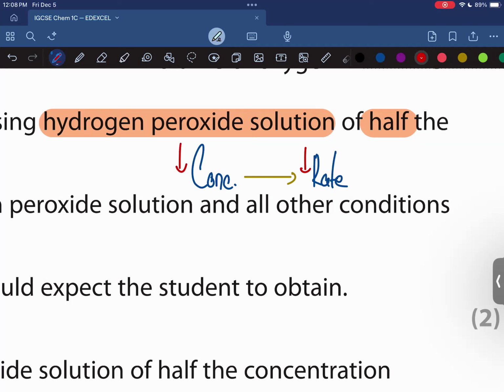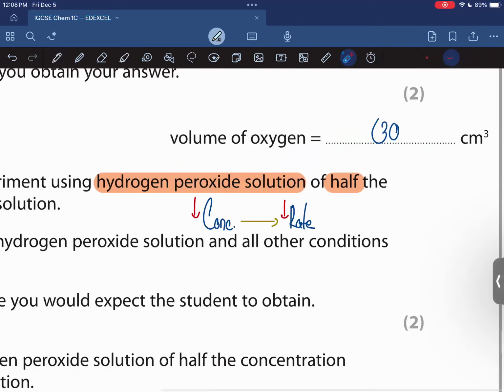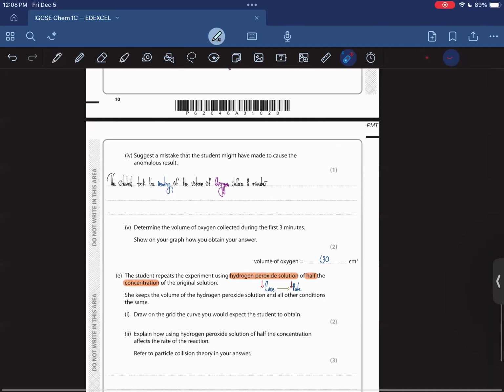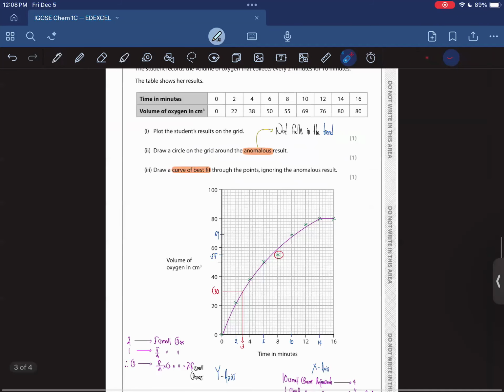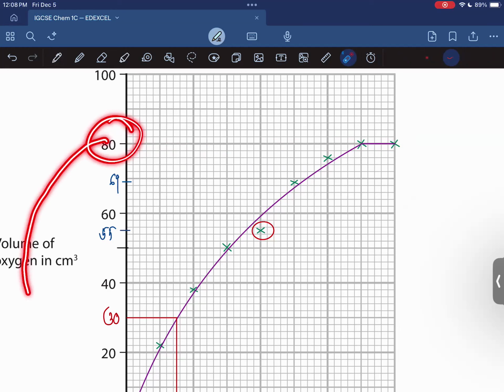First of all, as you decrease the concentration of hydrogen peroxide, the rate is gonna decrease as well. Secondly, the volume with this concentration was 80. Since you reduced the concentration of hydrogen peroxide, the volume is going to reduce to 40. Why? Because you're reducing the concentration of hydrogen peroxide by half, right?